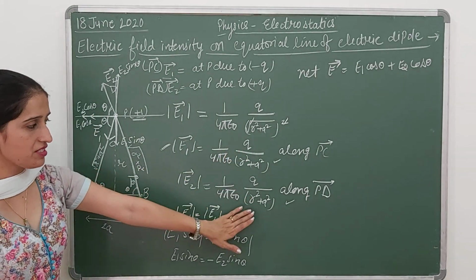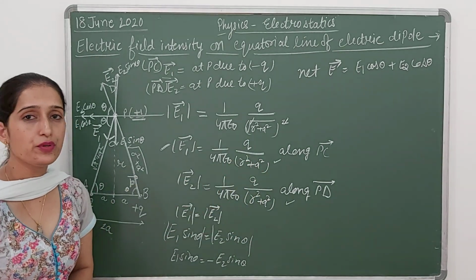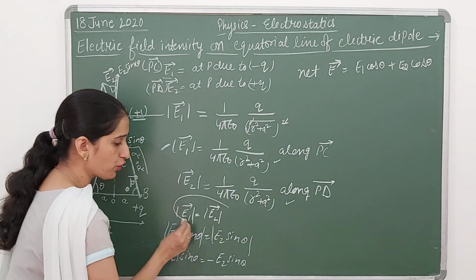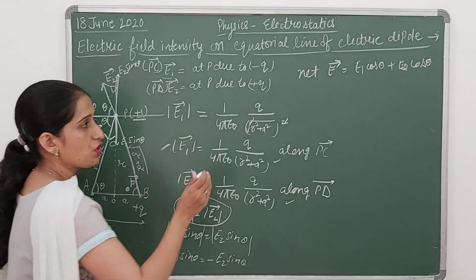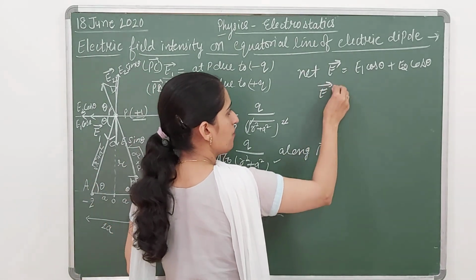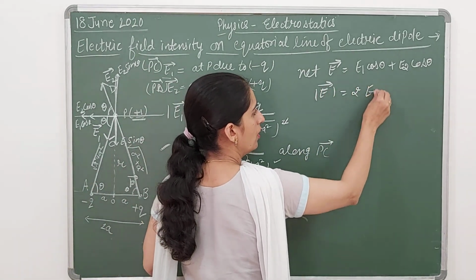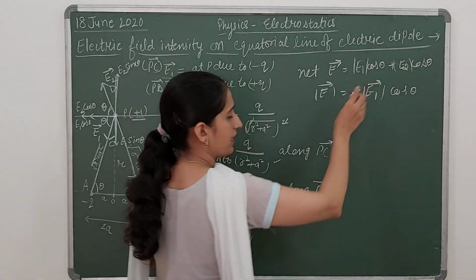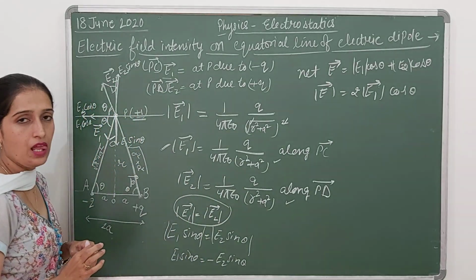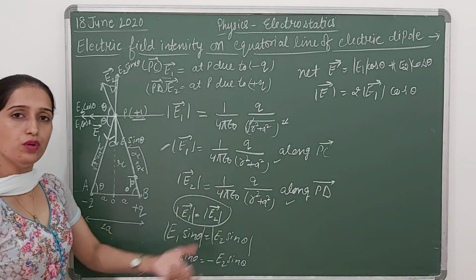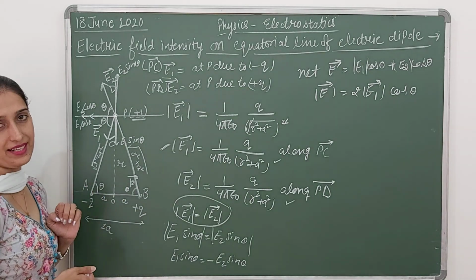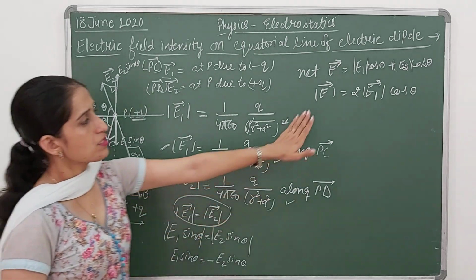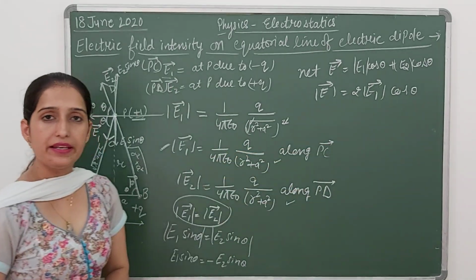Their magnitudes are equal, so the net E is given by 2 E1 cos theta. We are talking about magnitude only. Because E1 and E2 are equal and theta for both triangles is equal, cos theta will also be equal.